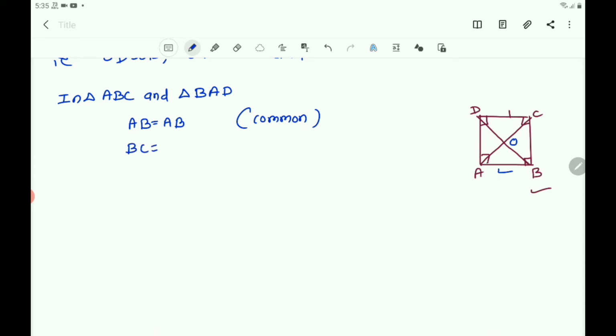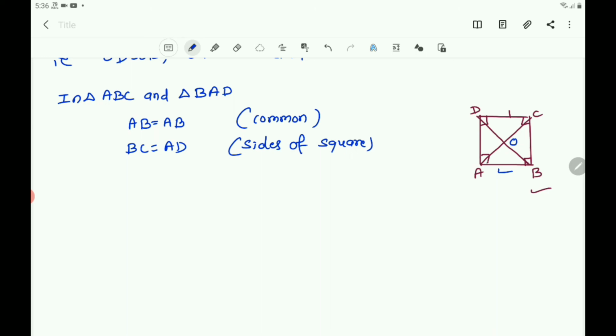BC equals AD. Why are they equal? They are the sides of the square. In a square all the sides are equal. So they are equal.